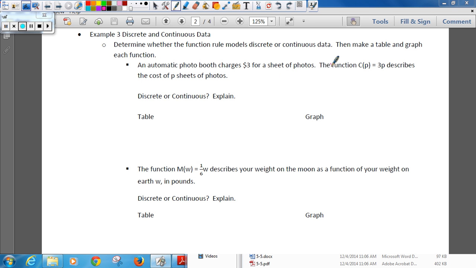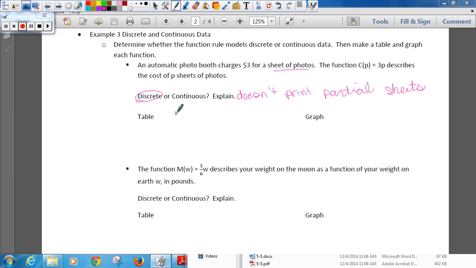If you look here, it's talking about the sheet of photos. This one is going to be discrete because it will not print off a partial sheet of photos. So our explanation would be it doesn't print partial sheets.